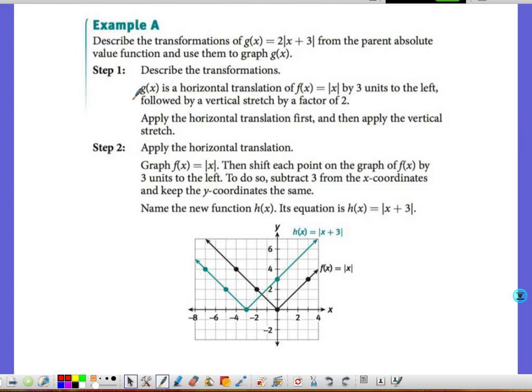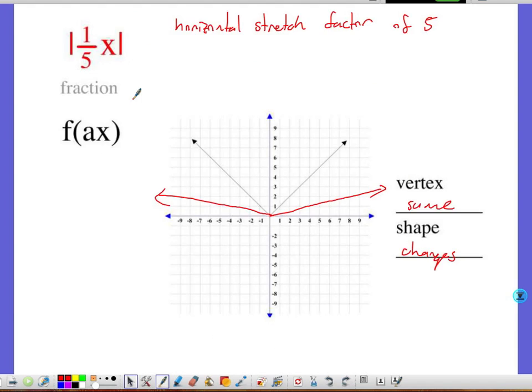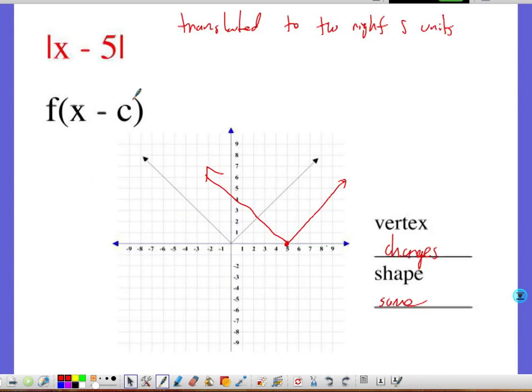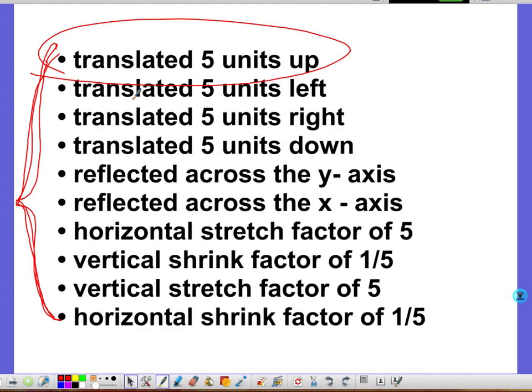Example A, describe the transformation of g of x is equal to 2 times the absolute value of x plus 3 from the parent absolute value function, and use them to graph g of x. So notice all these examples here that we just graphed and described.